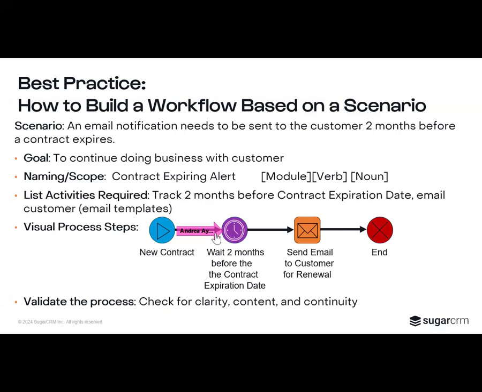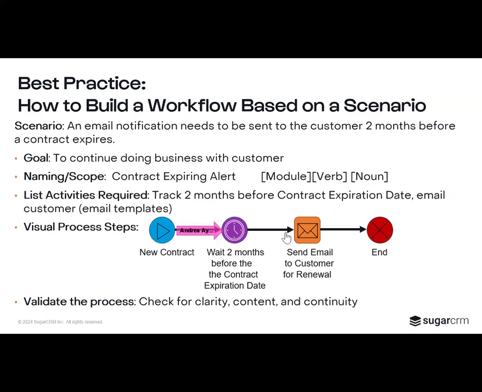They need to be tested. So I put them in my sandbox. I put a very short time frame on any wait event, anything that has to say wait blank time, right? Then I can test them very quickly. And then when I put them into production, I will make sure it says 2 months. Okay. That's just another best practice for free.